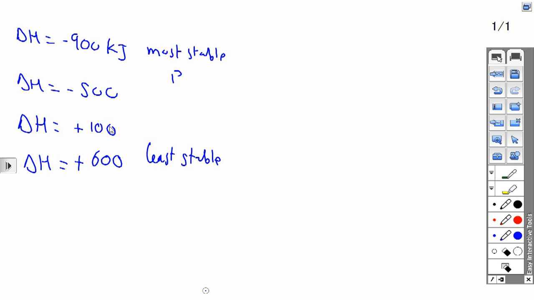So this one is more stable than this one. Okay, so as the negative value increases, the stability of the product increases. As the positive value increases, the stability of the product decreases.